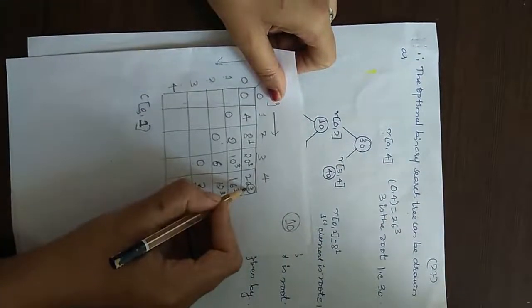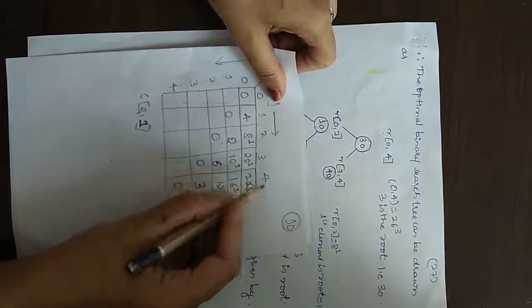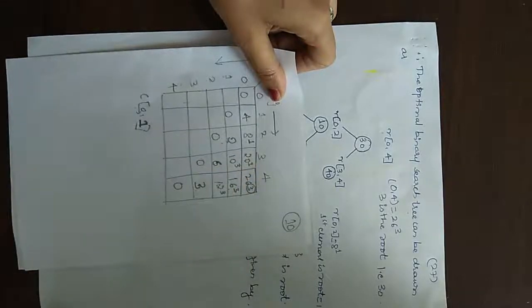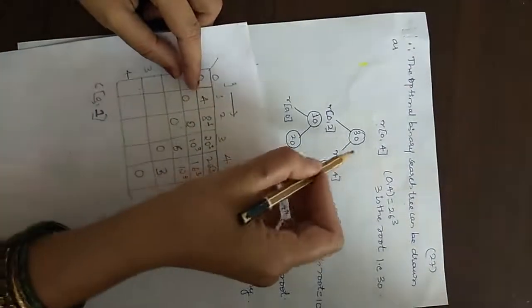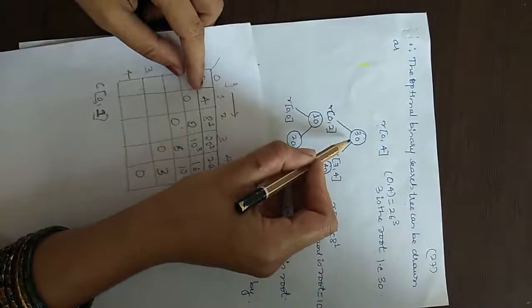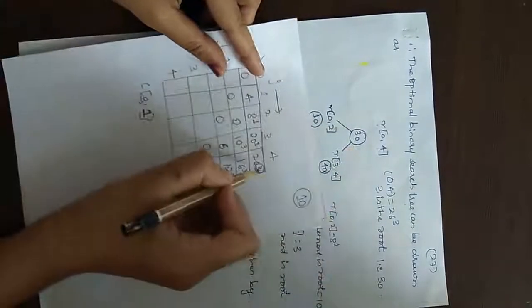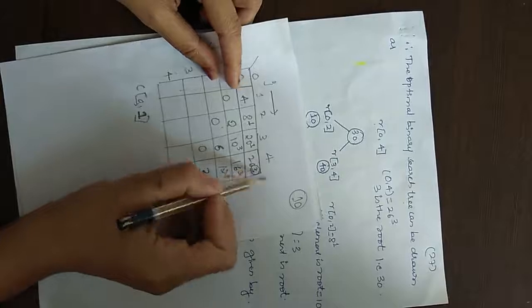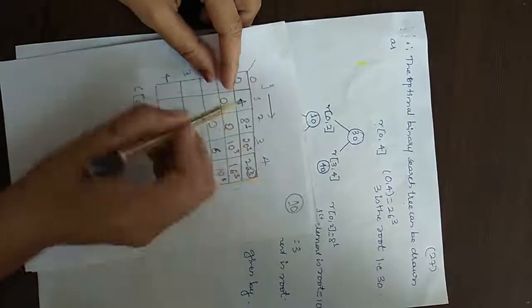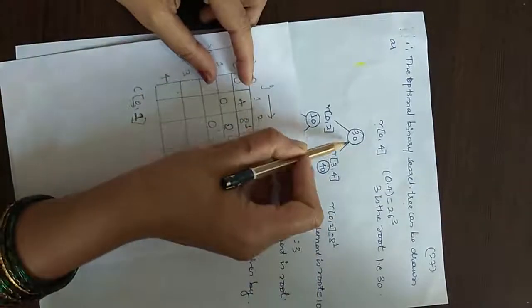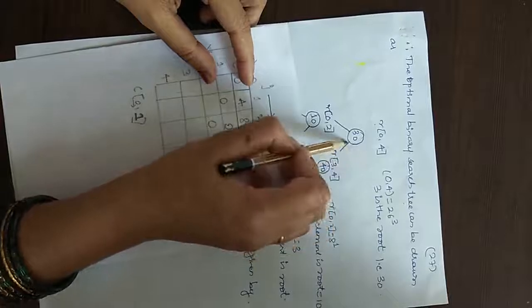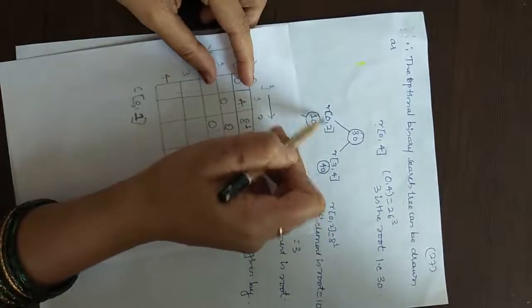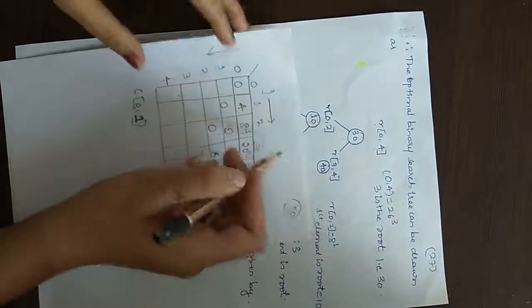So 30 will become the root here. One term is over. Remaining is R of 0 comma 2.